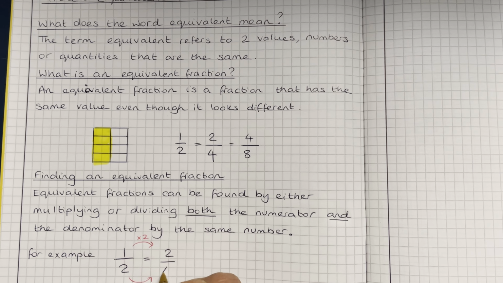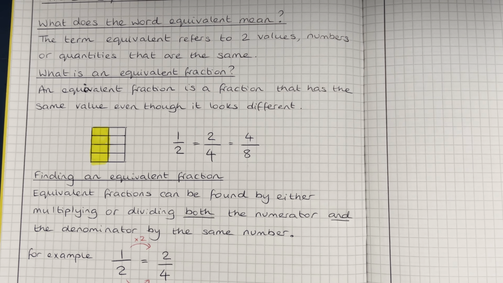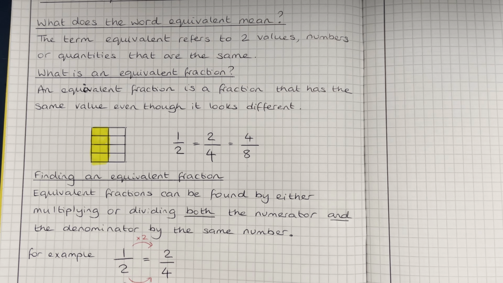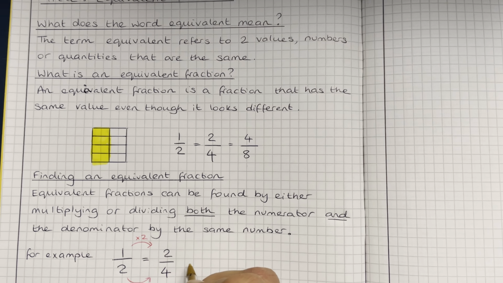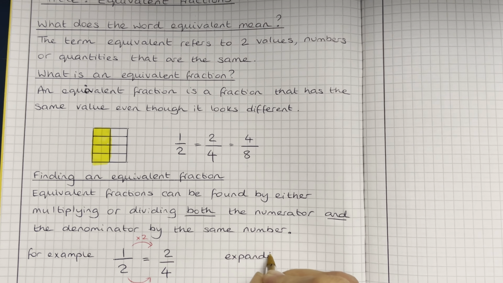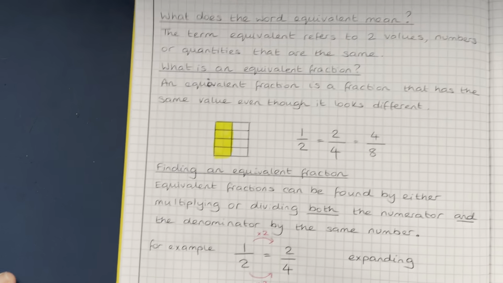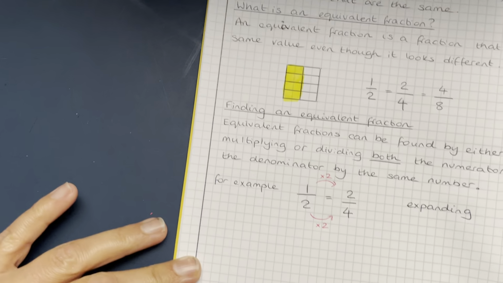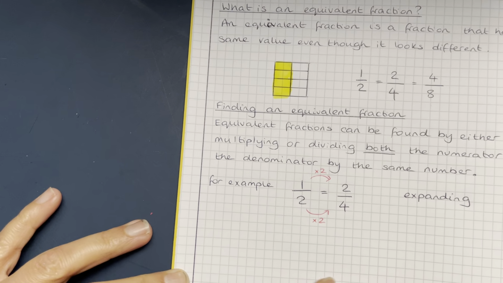So my equivalent fraction is going to be 2/4. So I've taken a fraction which is in its simplest form and I've expanded it to get 2/4. Right, just move it over a little bit. Hopefully you can still see.